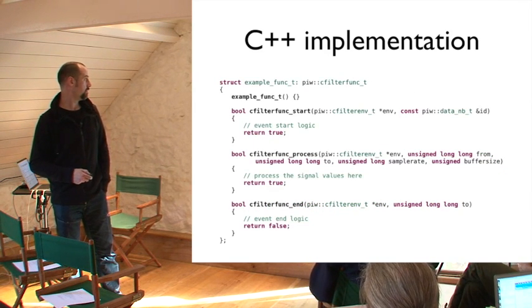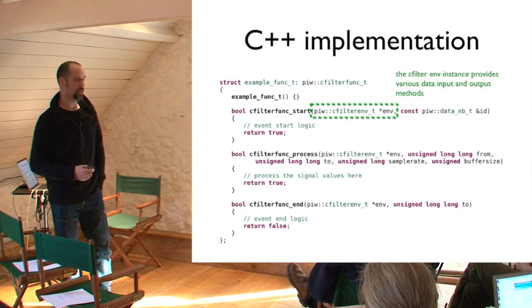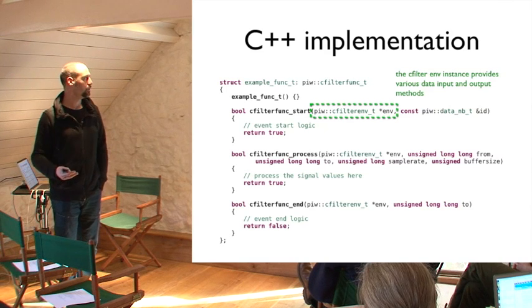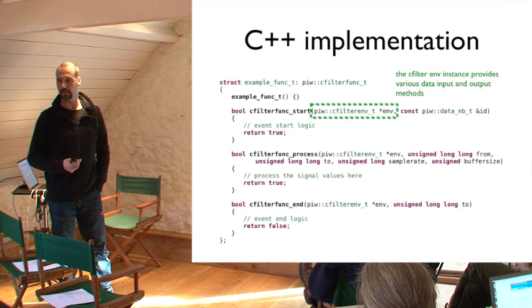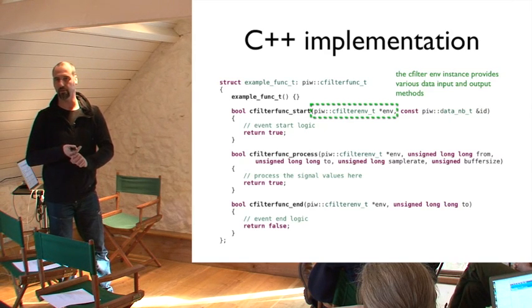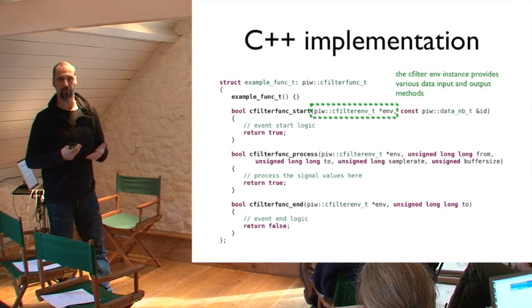It's got three distinct methods. First of all, an important part here is that it gets an environment being passed in, which allows you to interact with whatever state that the C filter manages. So it allows you to interact with the data inputs, to generate data outputs, to work with the iterator that is actually present there, iterating over the ring buffers that are being passed in.